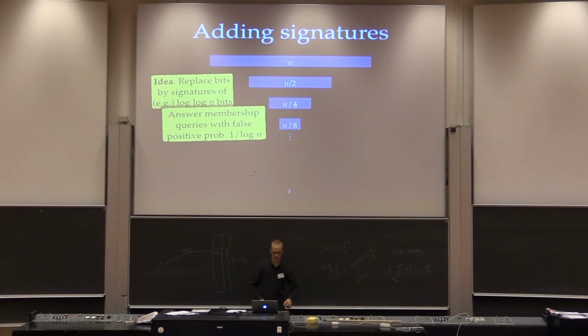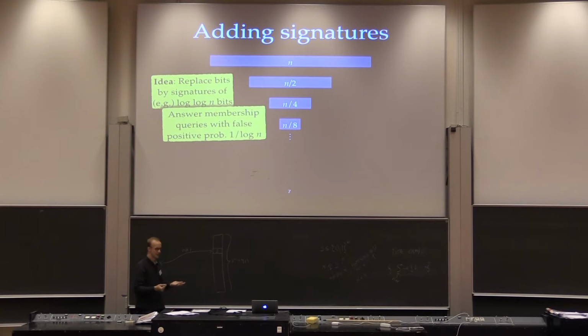So one thing this is going to give us is actually membership queries. So like Michael talked about yesterday, Bloom filters give us membership queries with some probability of false positive. So if you think about this data structure, what happens is that we go down until we find a signature of something that may be the key that you are looking up, or it could be some other key.